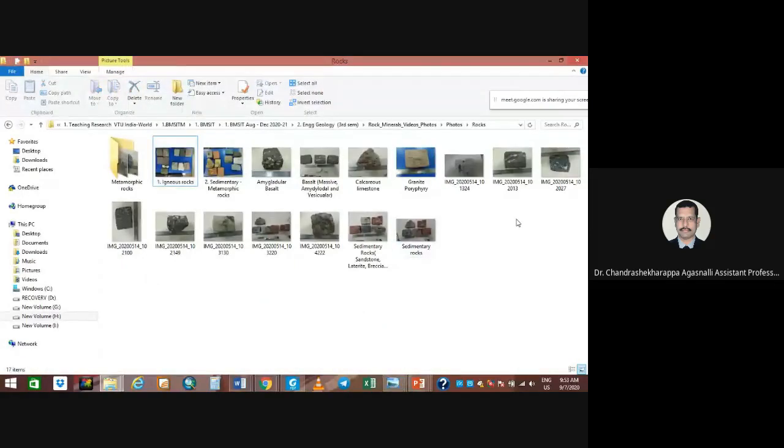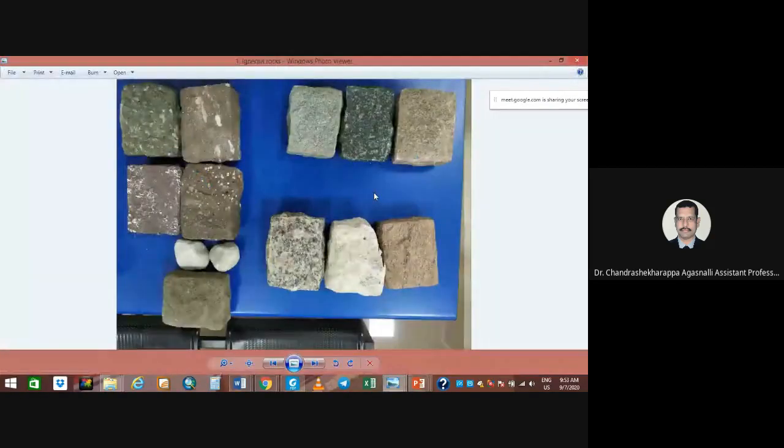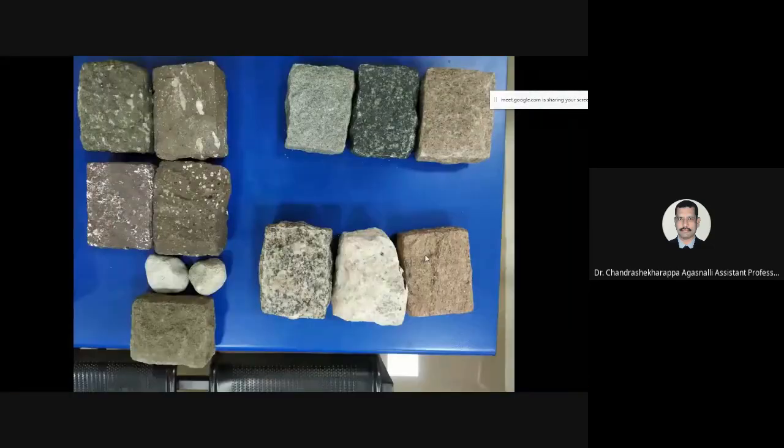As we discussed, on the earth the first formed rock is the igneous rocks. I told you that. Let me give the outline of the rocks and minerals. These are all the igneous rocks, and these are the granites, which maybe you have seen.